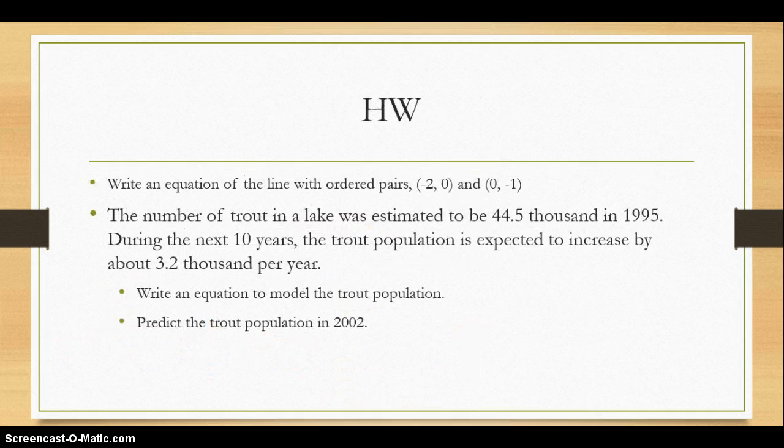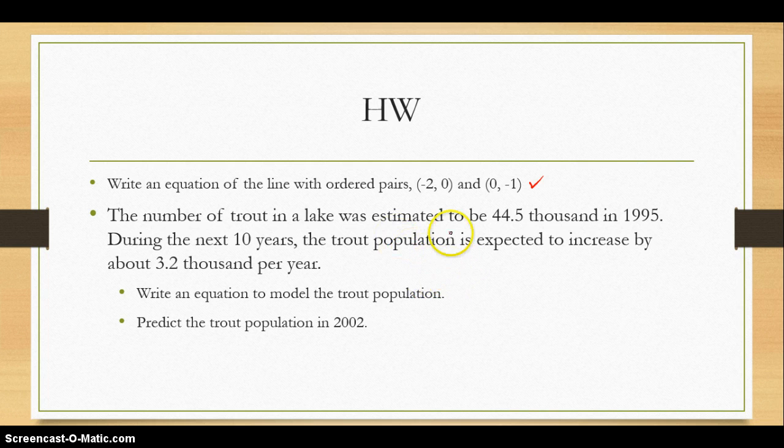So here's your homework. Write an equation of a line with ordered pairs (-2, 0) and (0, -1). So that's homework number 1. Number 2, the number of trout in a lake was estimated to be 44.5 thousand in 1995. During the next 10 years, the trout population is expected to increase by about 3.2 thousand per year.